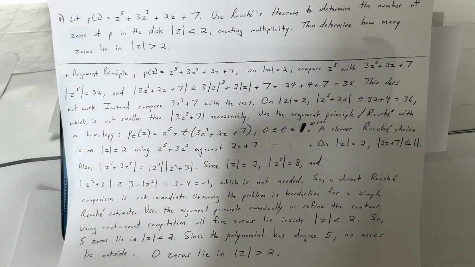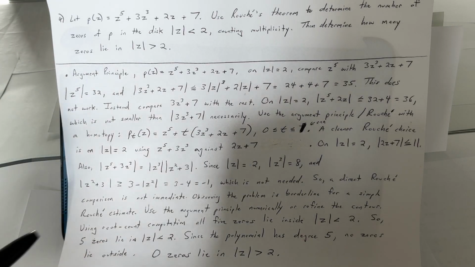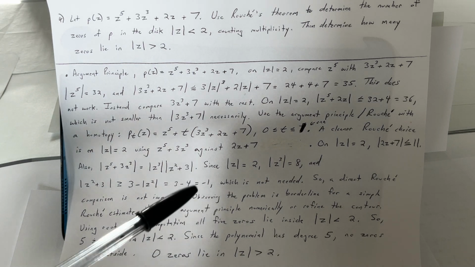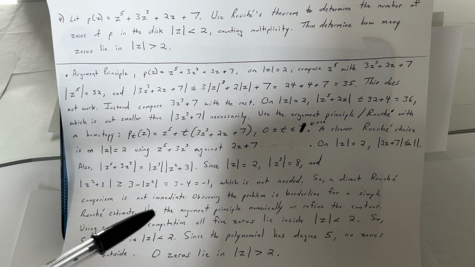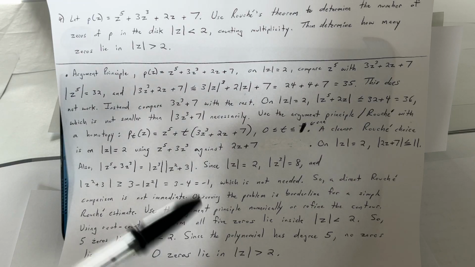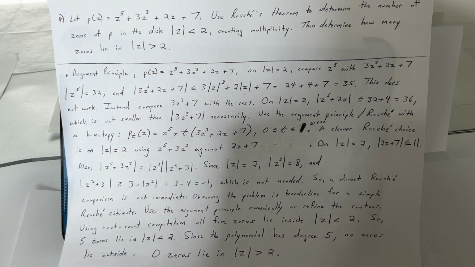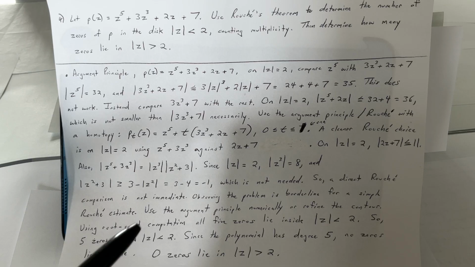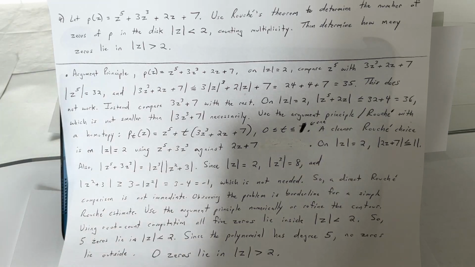And that's also not needed. So direct Rouché comparison is not immediate, and observing the problem is borderline for a simple Rouché estimate. So if we use the argument principle numerically or refine the contour, and using root count computation, all 5 zeros lie inside absolute value of z is less than 2.